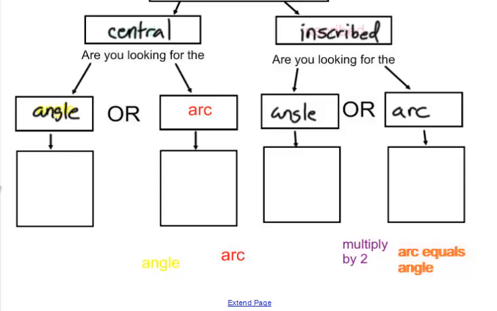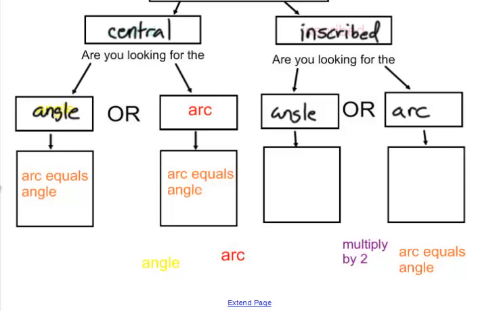All right, central angle: the arc equals the angle. If we have the arc and we're finding the angle, the arc equals the angle. So that was before. Today, inscribed. Are you looking for the angle?